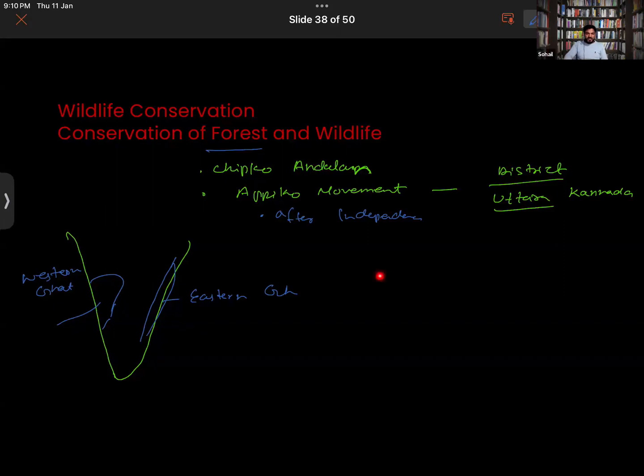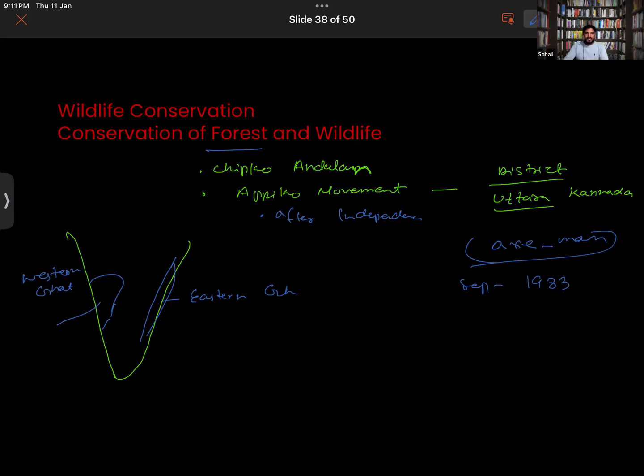Sundar Lal Bahuguna, called the architect of the Chipko movement, was requested by the locals to gather all the people and make them take an oath to safeguard the trees by embracing them. Getting it or not?